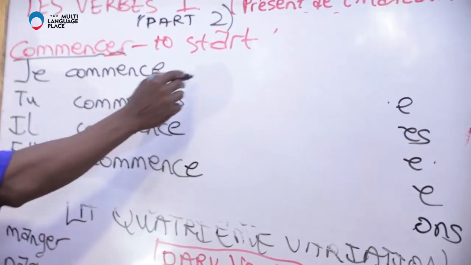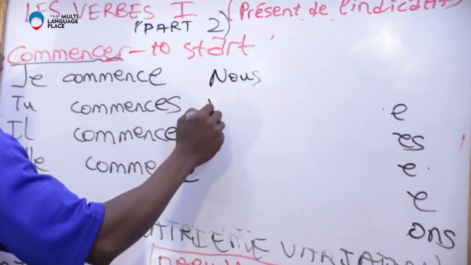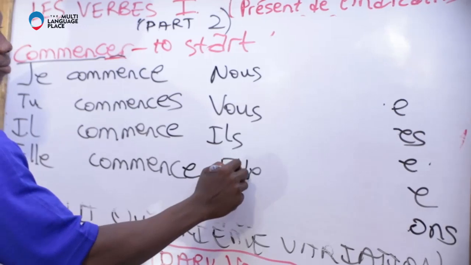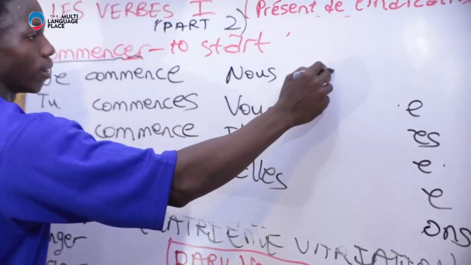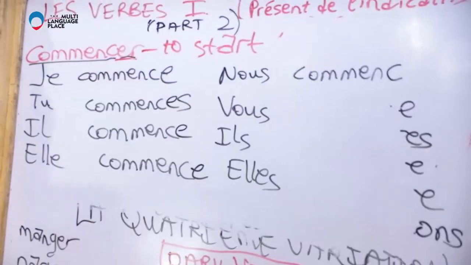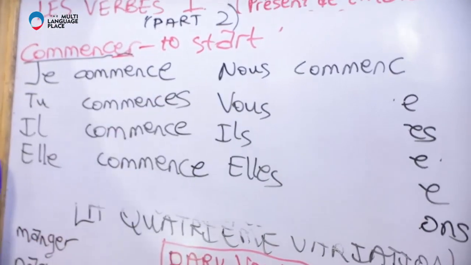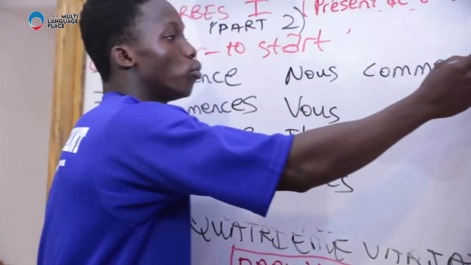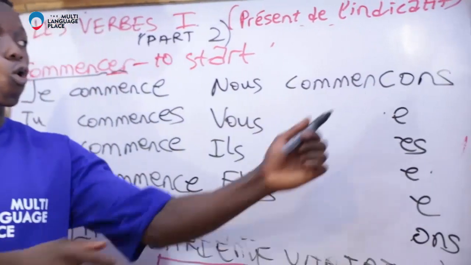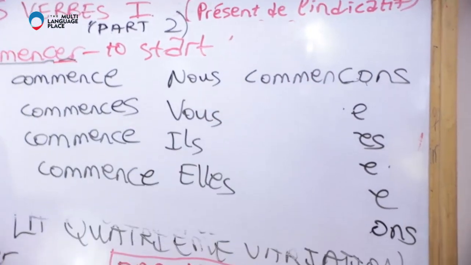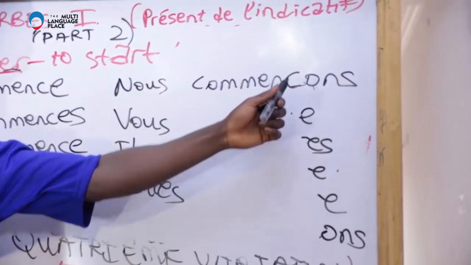Now, let's look at nous, vous, ils, and elles. Remember, for nous, the ending is ONS. But if we put ONS, remember O is a dark vowel, and it would make C be pronounced as K. So that would have become commencons.